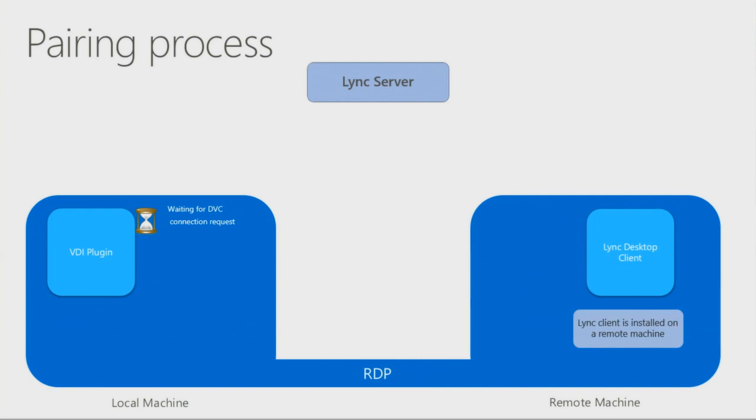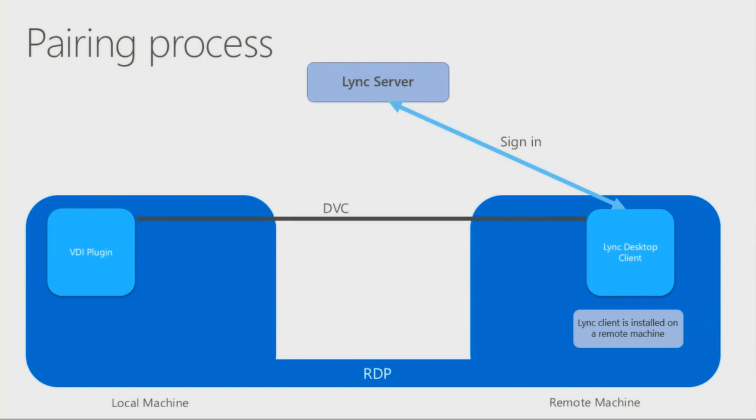And we have a logic in the client code that will make the client understand that it's installed on a remote machine, and it's not on a non-RDP machine or non-remote machine. So once the client signs in successfully, and it knows that it's in a remote machine, there's a logic that will do a DVC connection request with the VDI plugin.